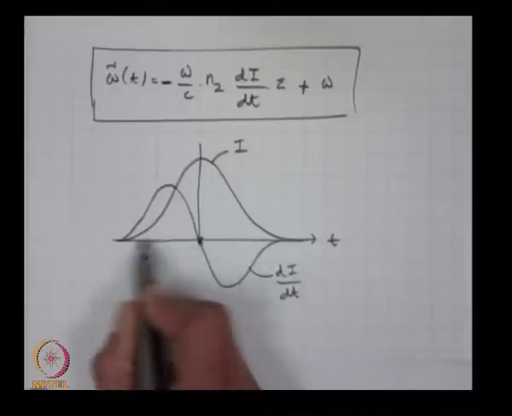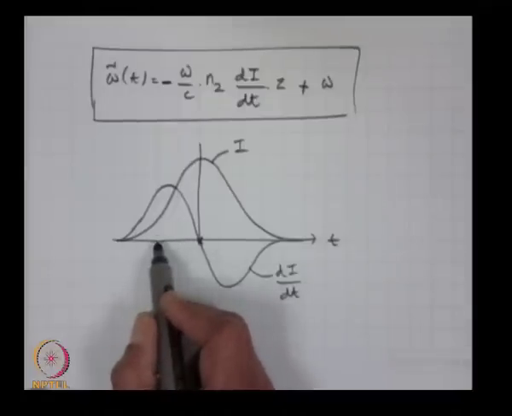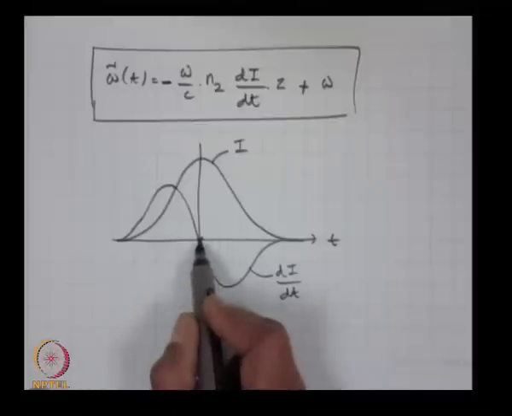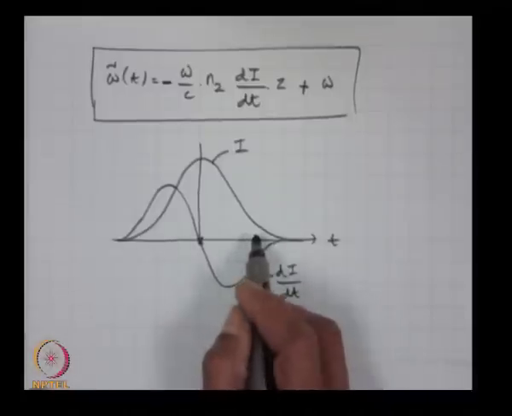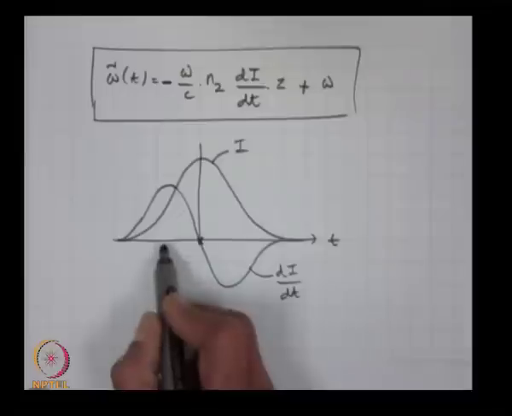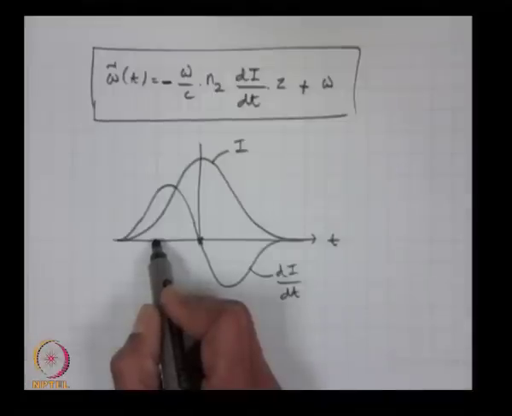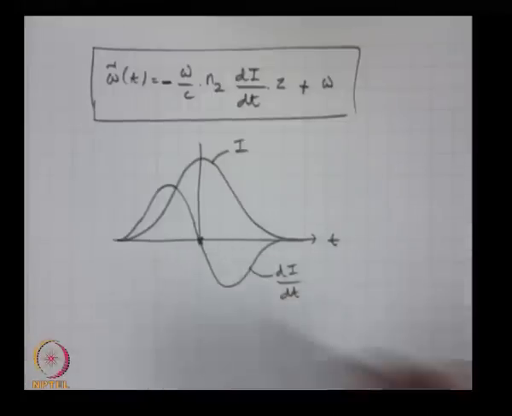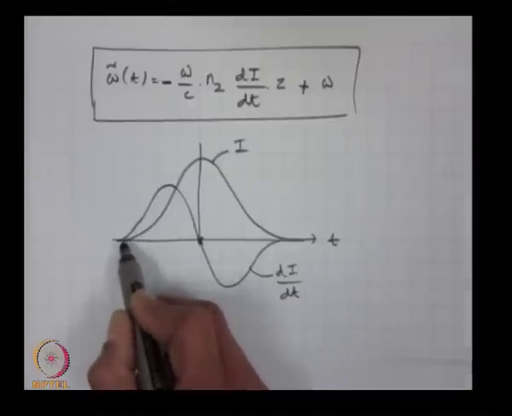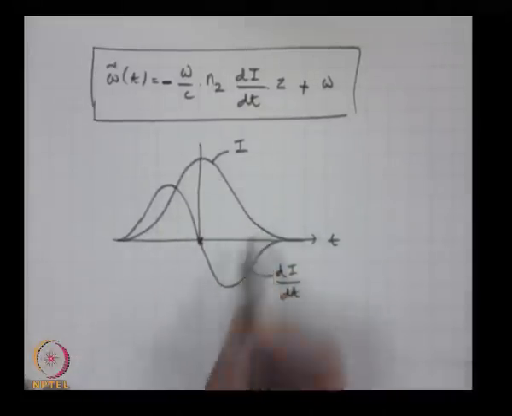This side corresponds to the leading edge of the pulse. Please remember, this is earlier time than the center. This is not plotted as a function of space coordinate, it is being plotted as a function of time coordinate. So this is earlier and this is later. This is the front of the pulse, and this is the back of the pulse. Because if you are standing at some point, you will start to see from here. The first one to arrive will be here, then this, and then this.